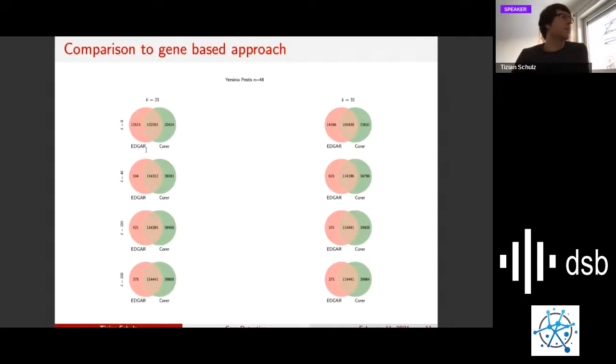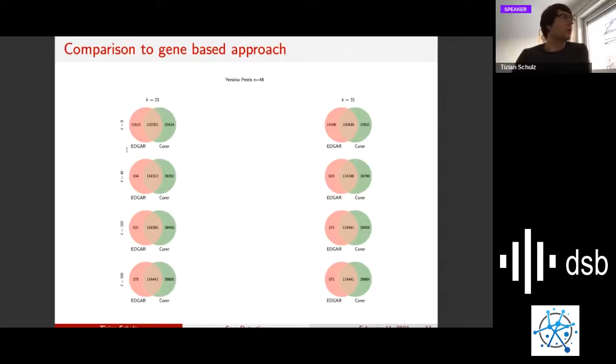And the way I compared both tools is that I took all the gene annotations and I tried to detect the genes in our results. And of course, what Edgar outputs is already the genes. And then I calculated intersections between both results.